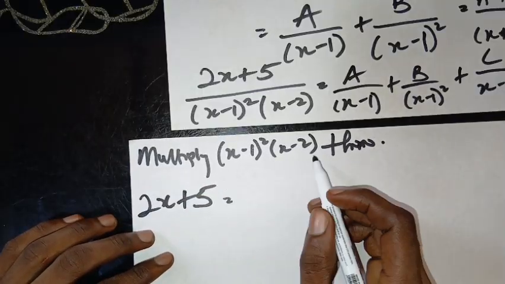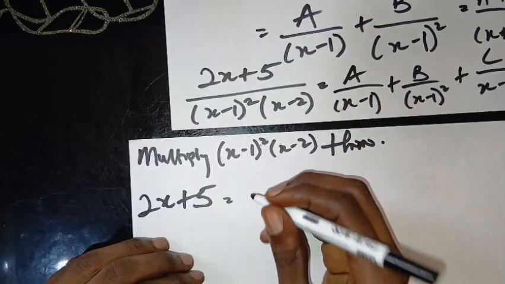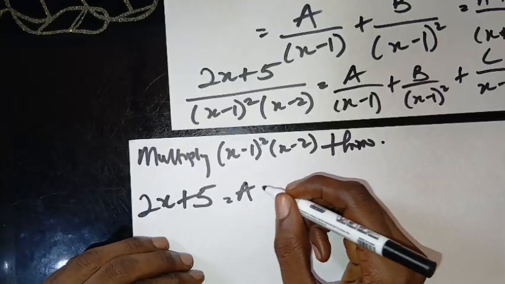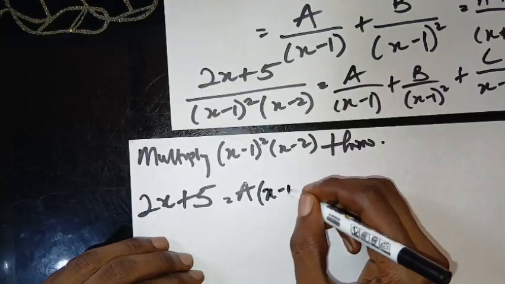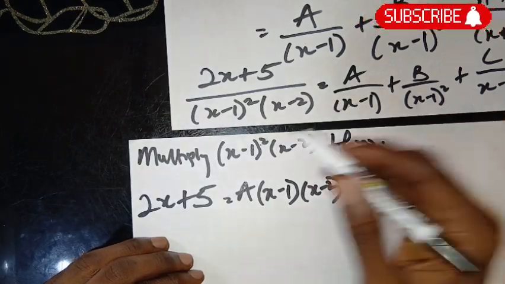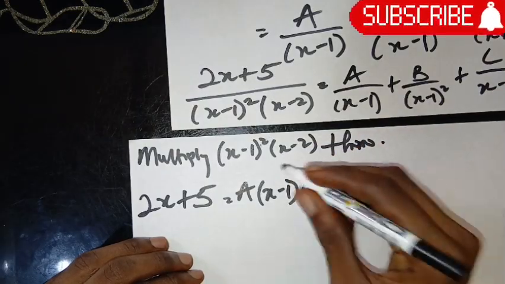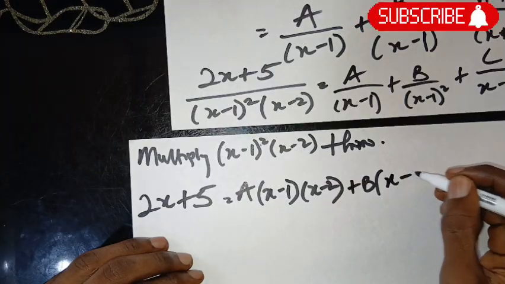Then with A, this will cancel one of these, so it will still remain x minus 1 squared, so that'll be A times that. Then for B, this will cancel, so B will remain times x minus 2, times x minus 1.